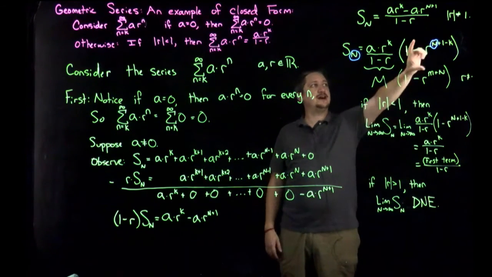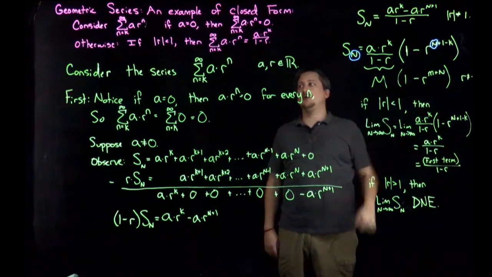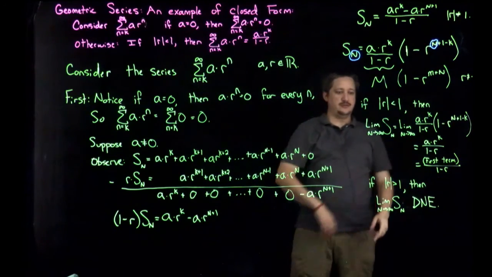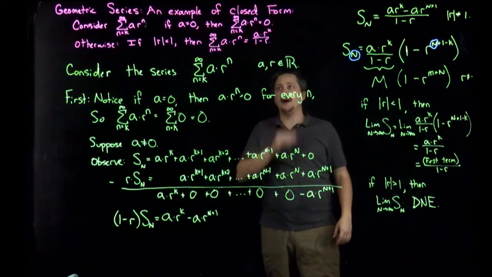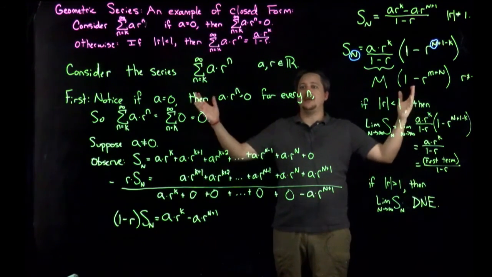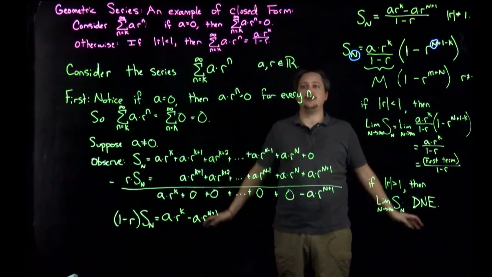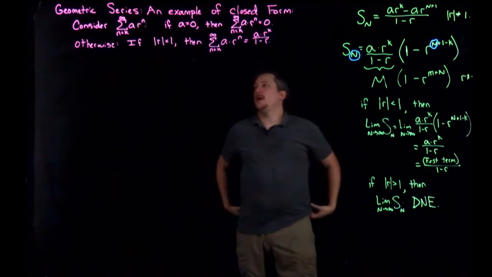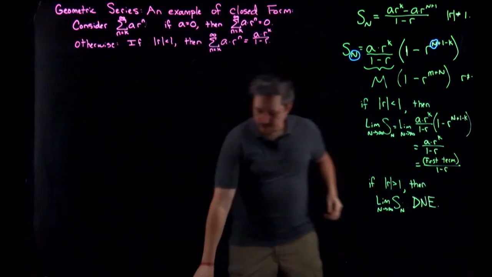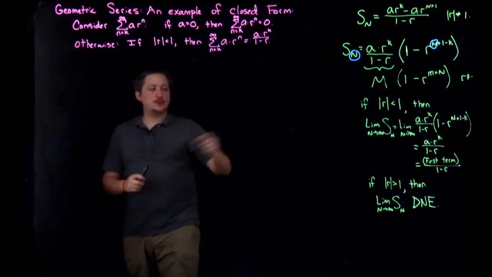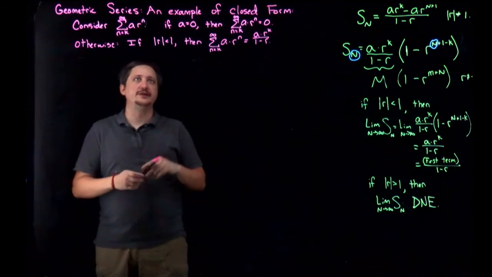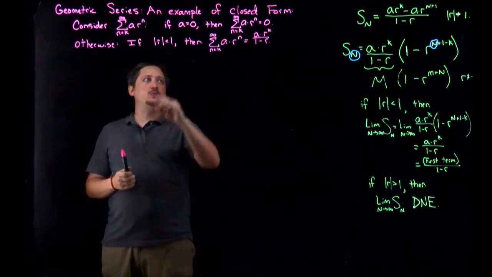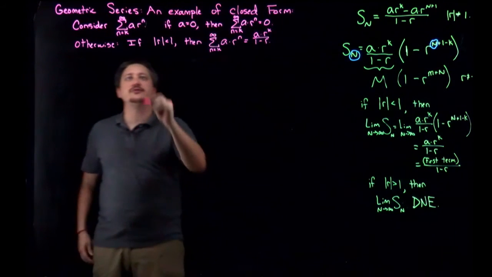So that's one possibility. So I'm going to do some editing magic to get rid of this part so I can finish off, because I still have the r equals 1 or negative 1, and I still have the other, right, if r is greater than 1 situation. So with that, I'm going to do some magic. Abracadabra. And we're back. All right. So I'm going to write out the last bit of what we have already shown. So if the absolute value of r is less than 1, then we know what it is and it converges.